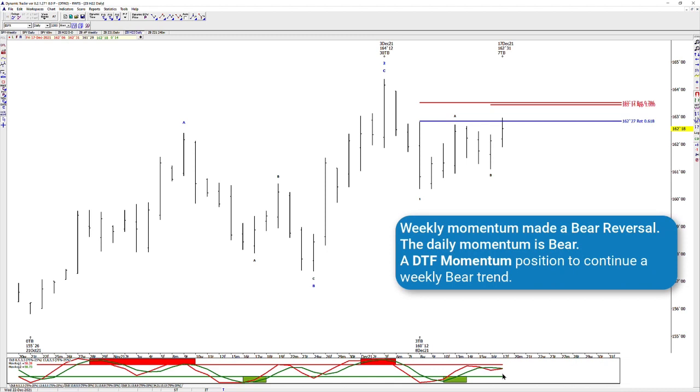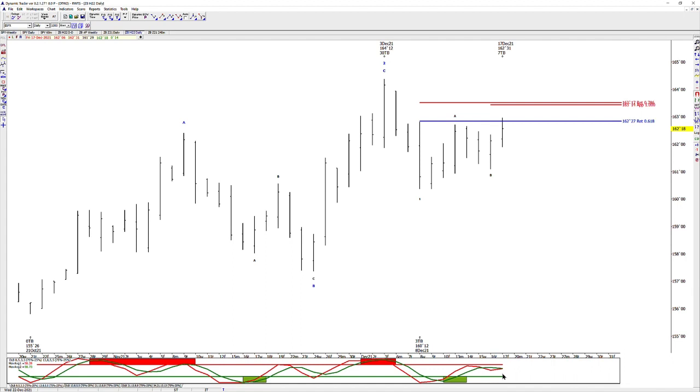On the daily data, bonds are at or near an ideal position to complete an ABC zigzag correction, and the daily momentum is bearish. So everything's in place to develop a go short trade strategy, or to enter on a bear fund. Bonds don't have to ideally reach that zone.